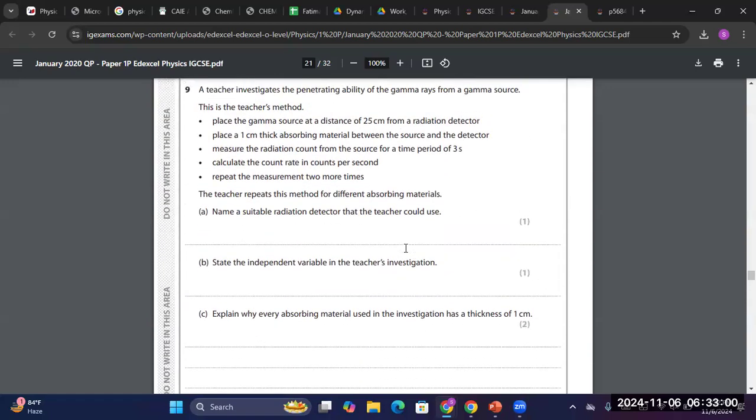Now they're saying suggest one improvement the teacher could make to this method. Viraj, can you give me an improvement? There is one major improvement that I can think of. Improve the radiation detector maybe. No, we're not going to talk about that.